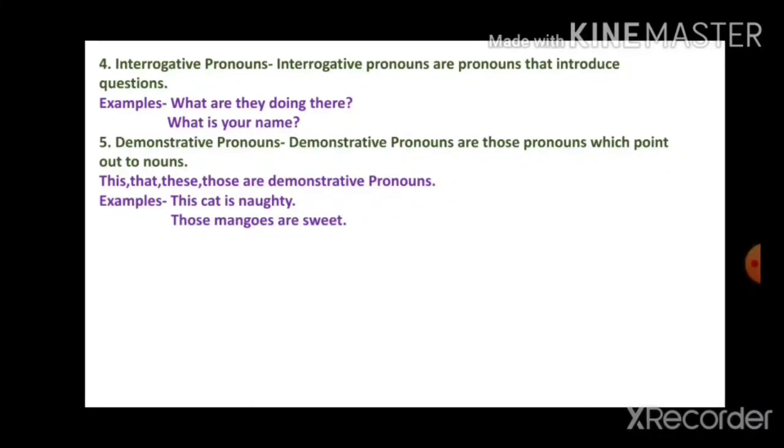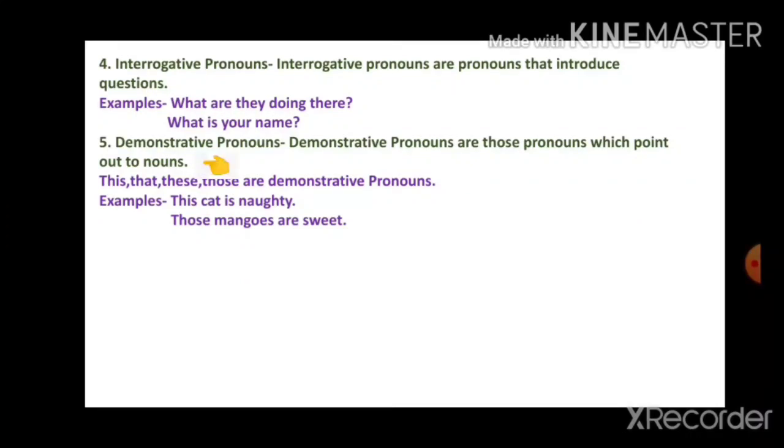And then next is demonstrative pronouns. Demonstrative pronouns are those pronouns which point out to nouns. You have done demonstrative in adjectives also, if you remember. Yes, demonstrative adjectives. These are similar but have differences. Some differences are there that I will be discussing later in my video.